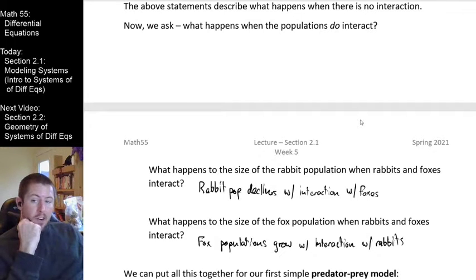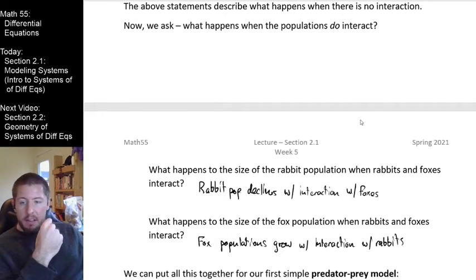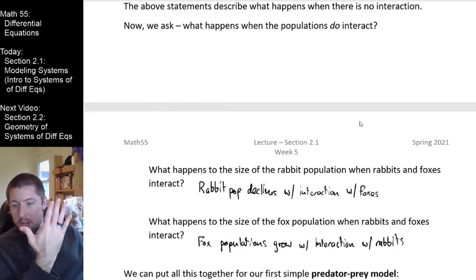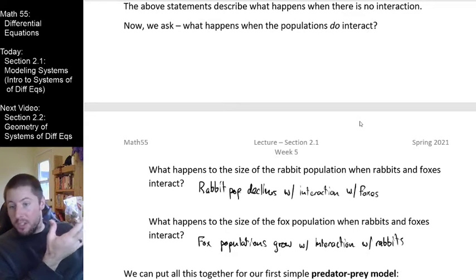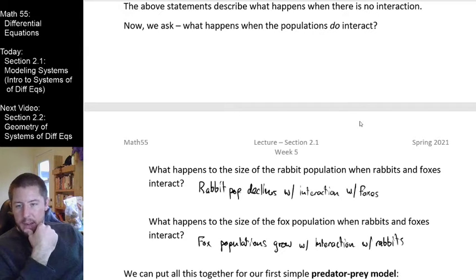So how should we build an interaction term? Well, here's the thing I'm thinking. If there's like 10 rabbits and 1,000 foxes, there's going to be very few rabbit and fox interactions. Similarly, if there's 1,000 rabbits and only 10 foxes, there are very few rabbit and fox interactions. On the other hand, if there's 100 rabbits and 100 foxes, there's going to be lots and lots of rabbit and fox interactions.